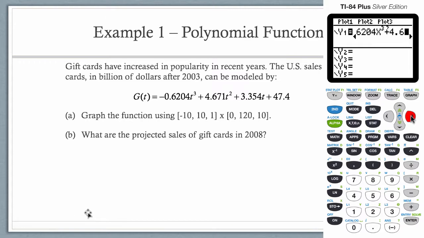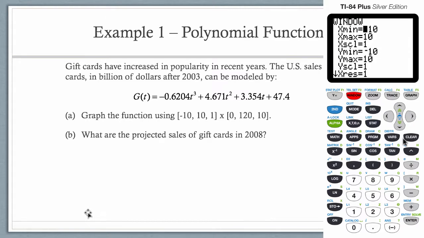Remember that this first set of parentheses, negative 10, 10, and 1, refers to the x values: x min, x max, x scale. And the 0, 1, 20, 10 refer to the y values: the y min, the y max, and the y scale. Once I enter those values, I leave everything else at its default, and then I click the graph key to see what this function looks like in this particular window.